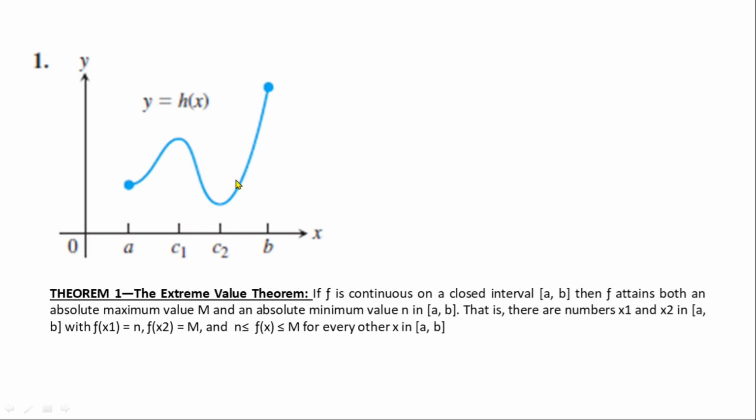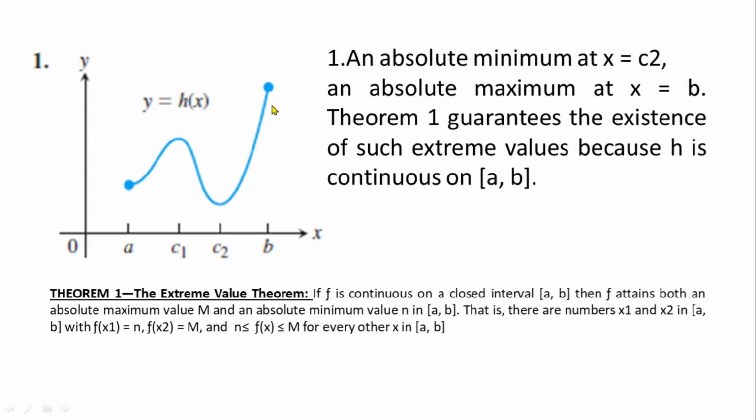From this graph, we can say that there is an absolute minimum at x equal to C2 and an absolute maximum at B. Theorem 1 guarantees the existence of such extreme values because h is a continuous function on a closed interval.